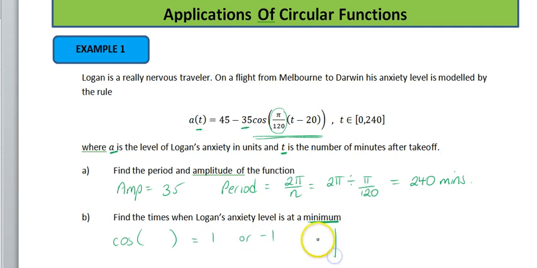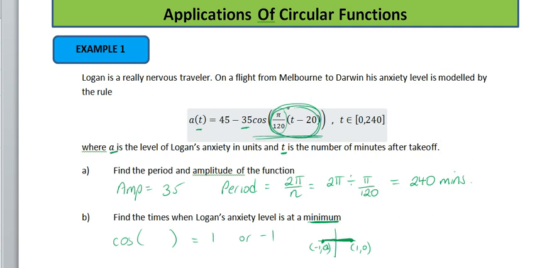So using our little unit circle, we know that this point over here has got a coordinate of negative 1, 0, and this point over here has got a coordinate of 1, 0. So it's either going to be 0 or pi. So we want to make this angle over here 0 or pi.